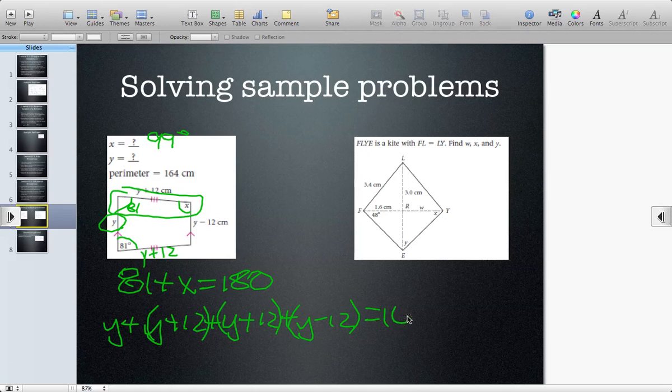And all of that is equal to 164 centimeters. So when we combine like terms and simplify this, we get the equation 4y plus 12 is equal to 164. So subtract 12, divide by 4, and y is equal to 38 centimeters. Again, don't forget the label.